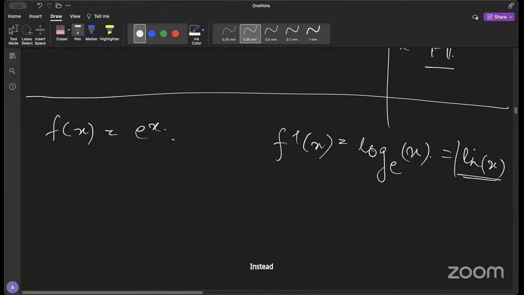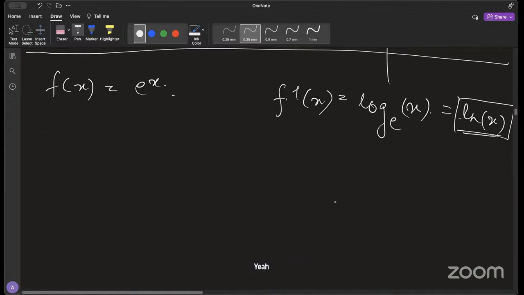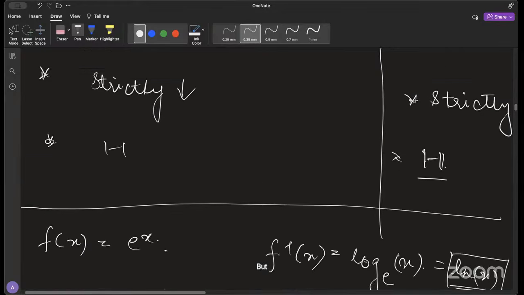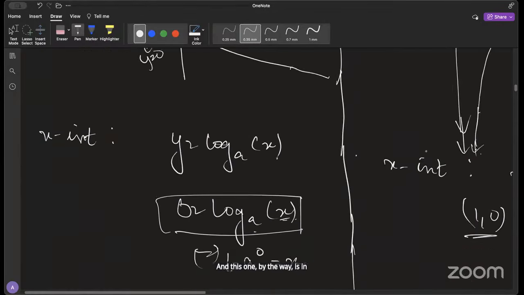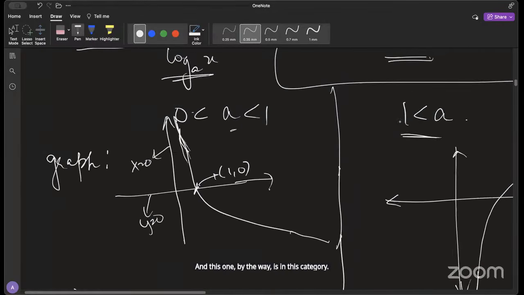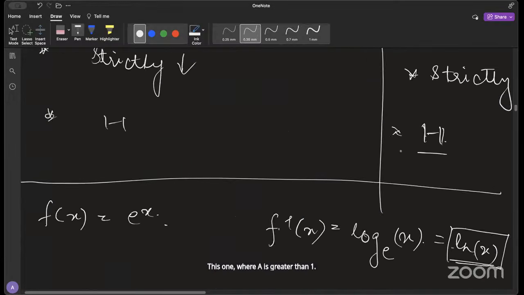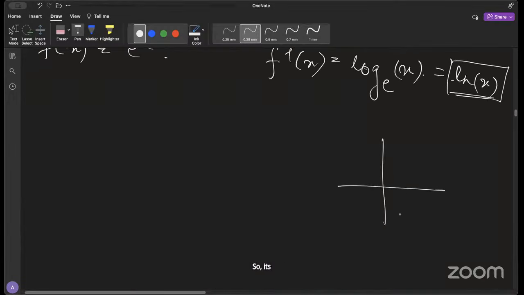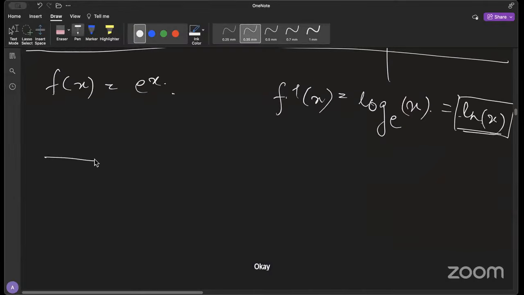Instead of writing this entire thing, we represent it by ln x. And this one, by the way, is in this category, where a is greater than 1. So its graph looks like this.